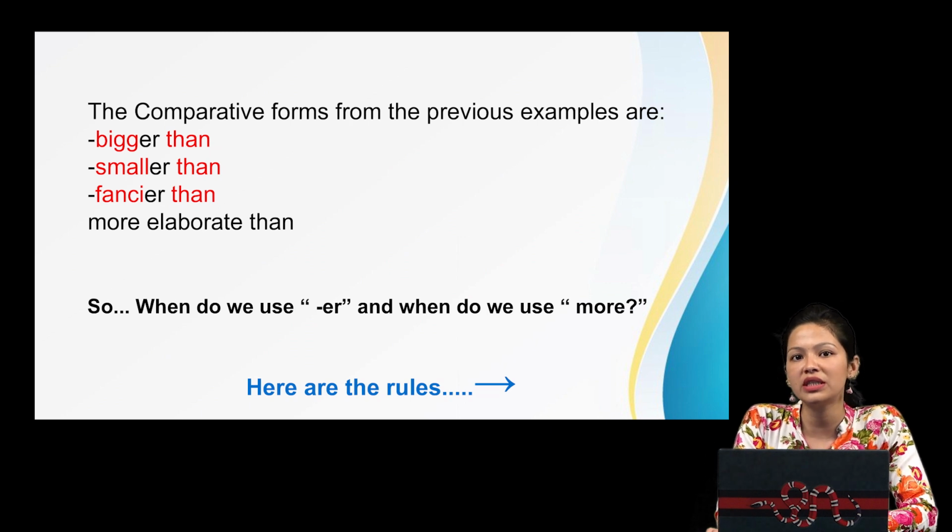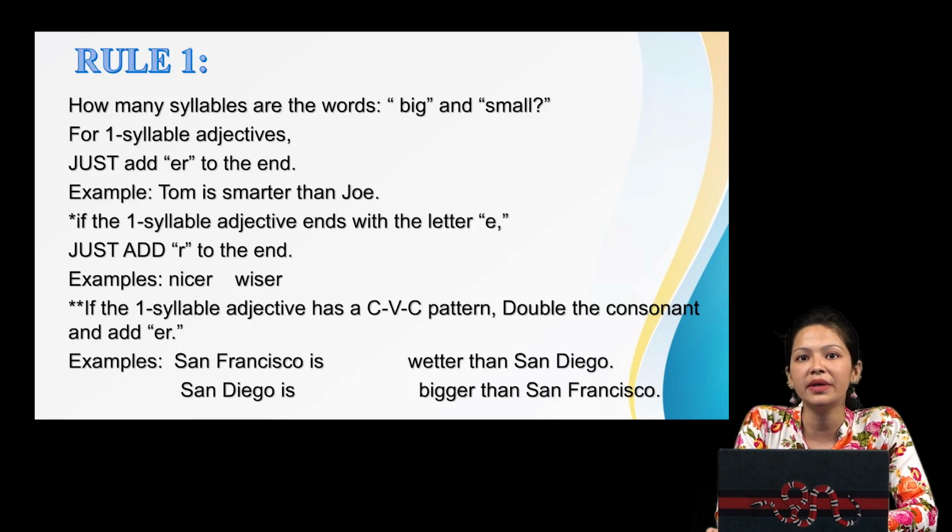So when do we use ER and when do we use more? Here are some rules. Rule number 1: how many syllables are the words big and small? For one syllable adjectives, just add ER to the end. Example, Tom is smarter than Joy. If the one syllable adjective ends with the letter E, just add R to the end.